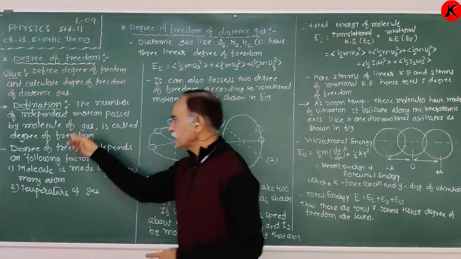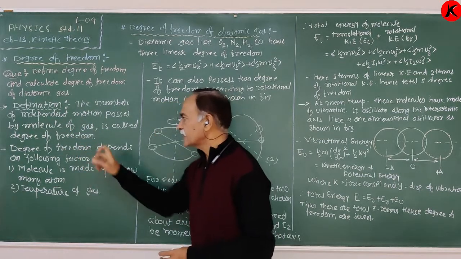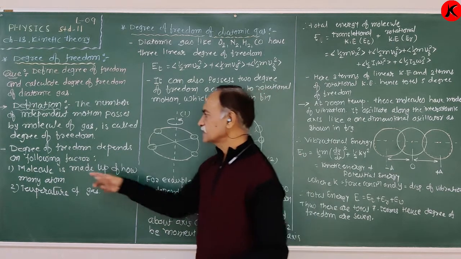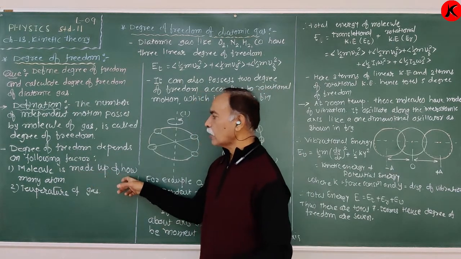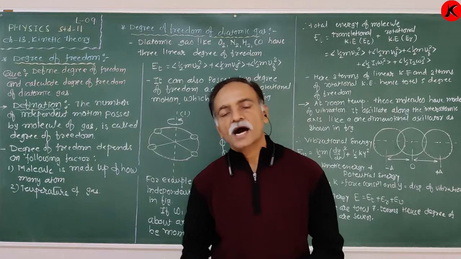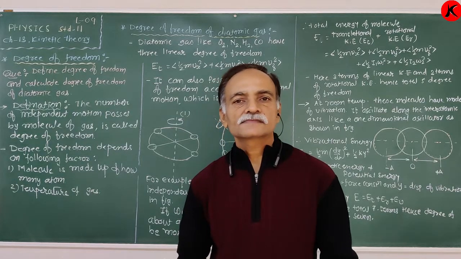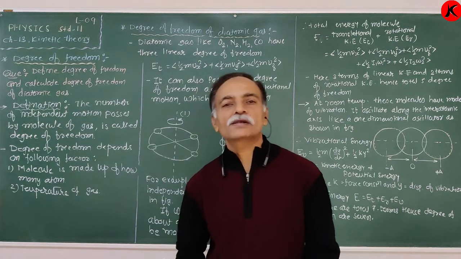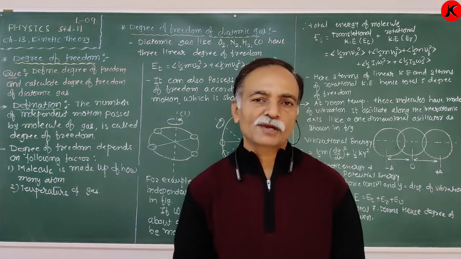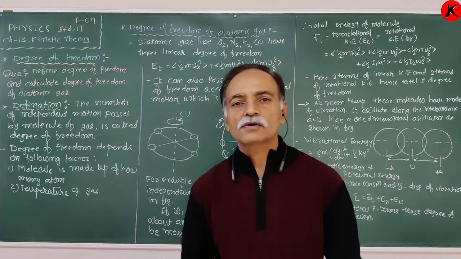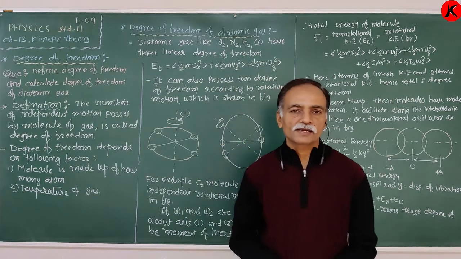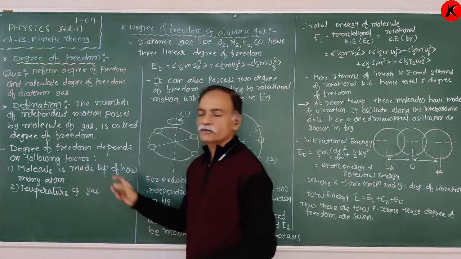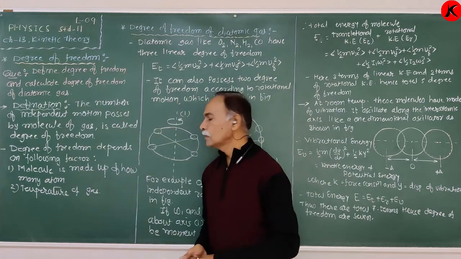Thus, the possible independent motions, or in other words the degrees of freedom, depend on the following factors. First, the molecule is made up of how many atoms? Some molecules are made by a single atom, some by 2 atoms, that means the diatomic molecule, and single atomic is only the monoatomic molecule. So degree of freedom depends on how many atoms the molecule is made up of.